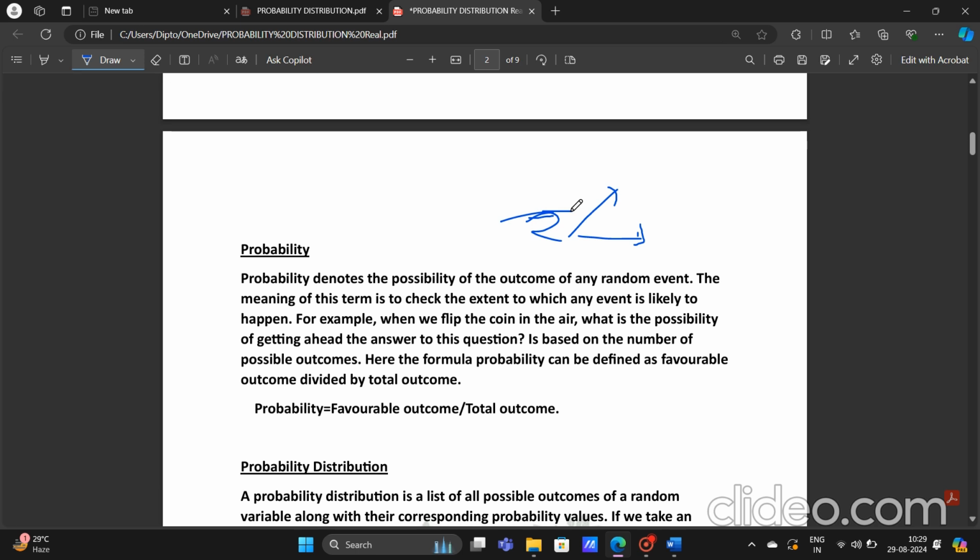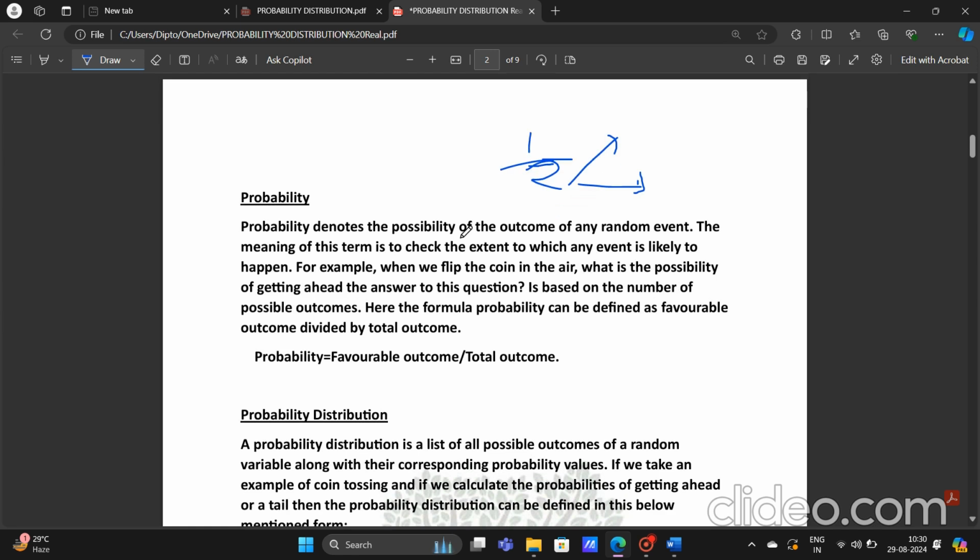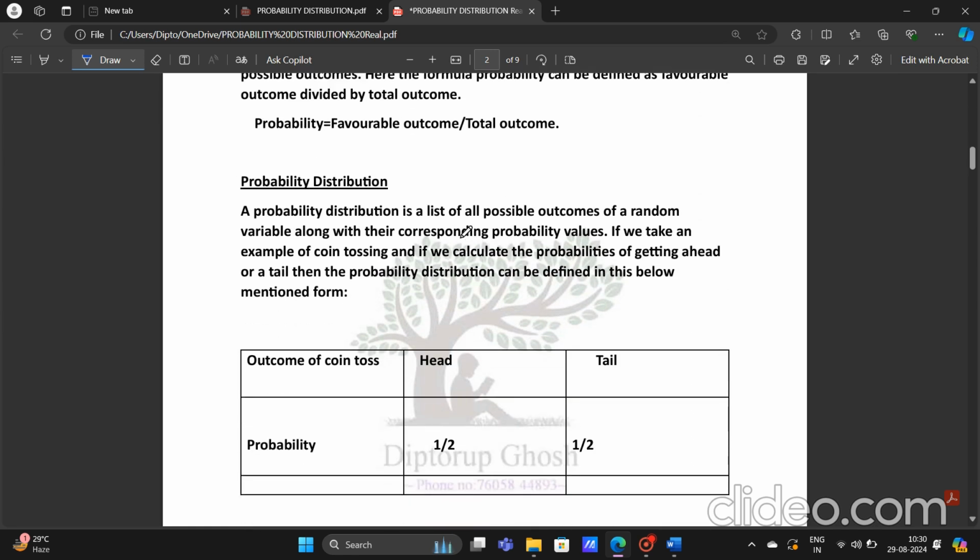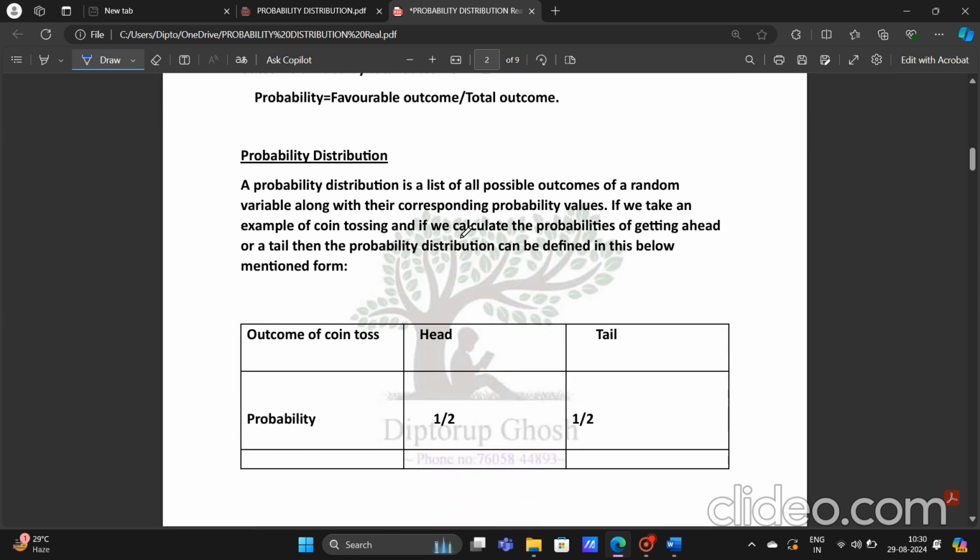Now if we talk about probability distribution, probability distribution is a list of all possible outcomes of a random variable along with their corresponding probability values. Basically, if we have done a coin toss, the probability of getting a head is 1 by 2. The probability of tail is also 1 by 2.